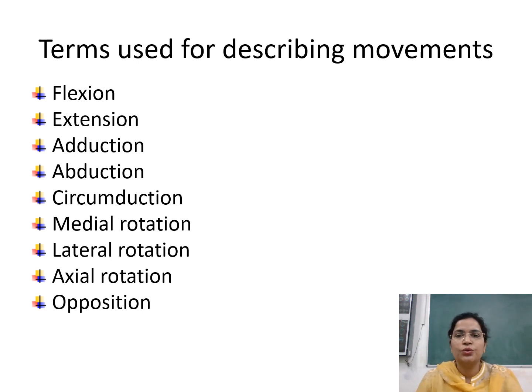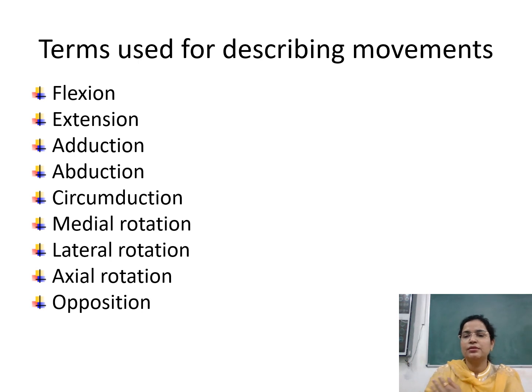The movements are done by different muscles: the flexor muscles, the extensor muscles, the muscles doing abduction and adduction on a particular plane. All these movements occur at different joints.